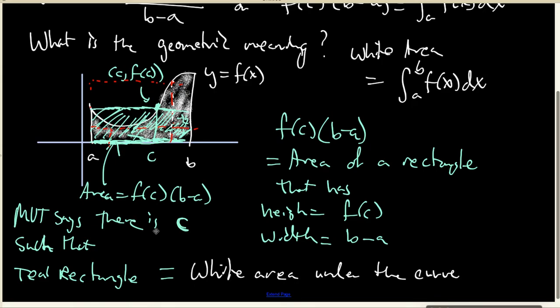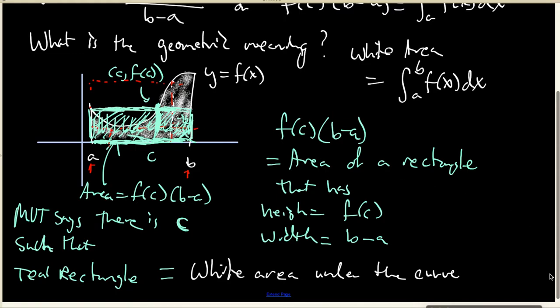So the mean value theorem says there is an x somewhere between the two endpoints where, when we draw the rectangle, the area of the rectangle is just right. It is actually equal to the area underneath the curve.